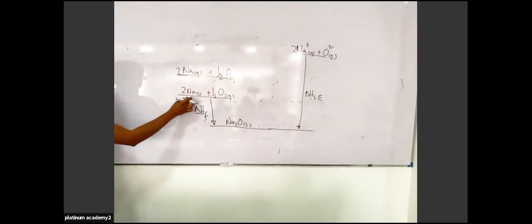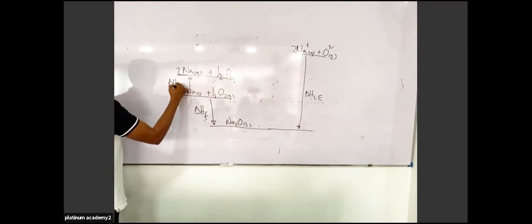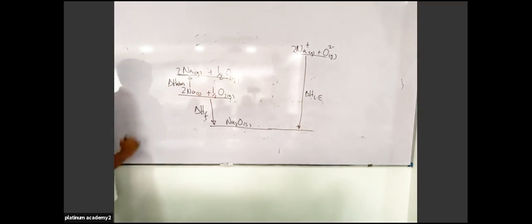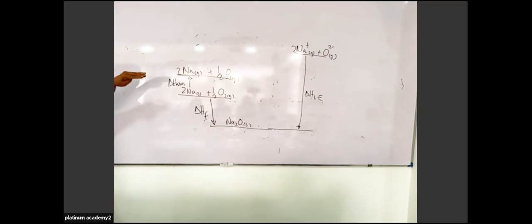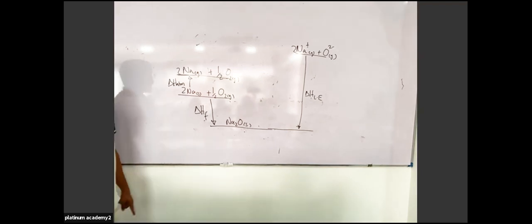So from solid to gaseous atom, we call it atomization. Delta H atomization. Now I have got the sodium gaseous atoms, two of them. Remember to put two there. Now I want to make it sodium plus one. What is the process? What is the name? First ionization of sodium is required.